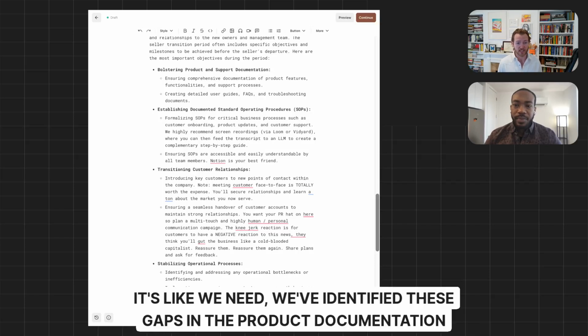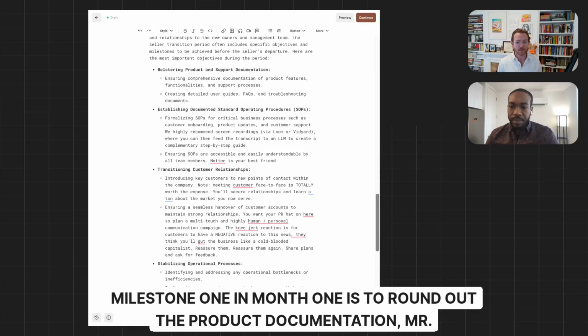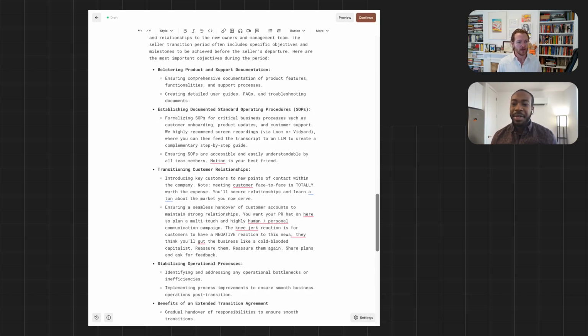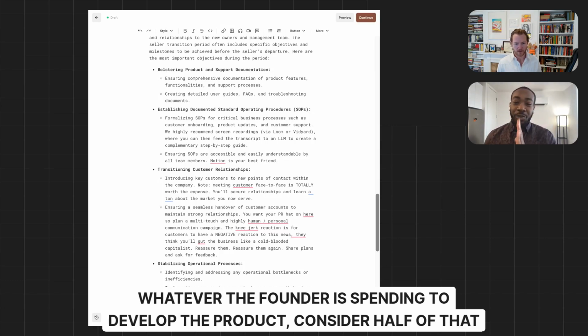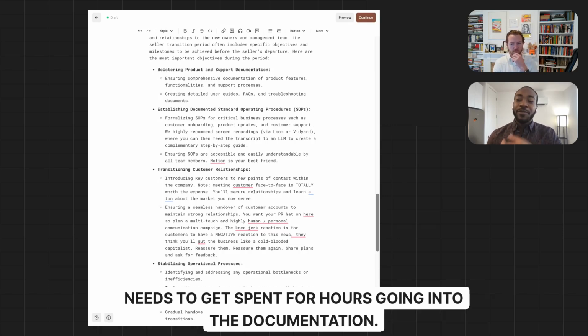It's like we've identified these gaps in the product documentation. Milestone 1 in month 1 is to round out the product documentation, Mr. and Mrs. Seller founder. I would put it like this, just as a good rule of thumb. Whatever the founder is spending to develop the product, consider half of that needs to get spent for hours going into the documentation.